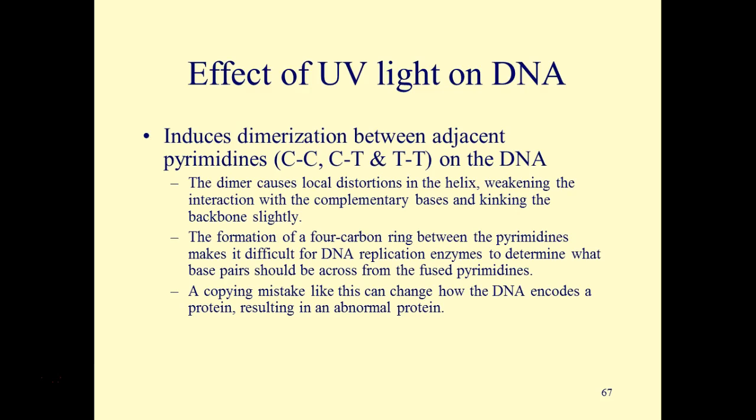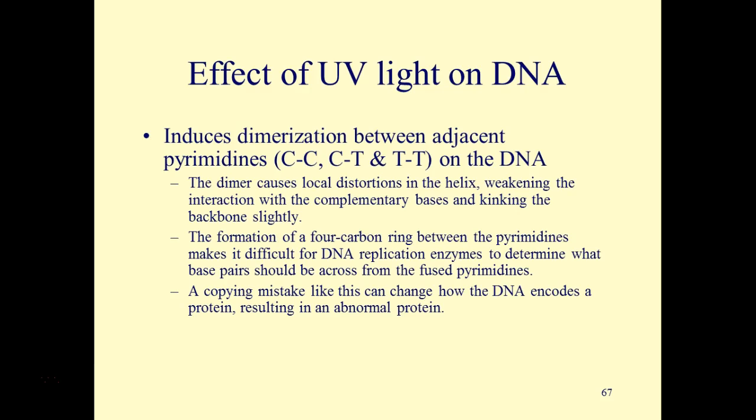We'd also like to look at what ultraviolet light does to DNA. Ultraviolet light is a very powerful mutagen, and it kills microorganisms, although microorganisms have evolved mechanisms for getting around this. Ultraviolet light induces dimerization between adjacent pyrimidines. So dimerization is a formation of bonds between 2 pyrimidines, hence a dimer.